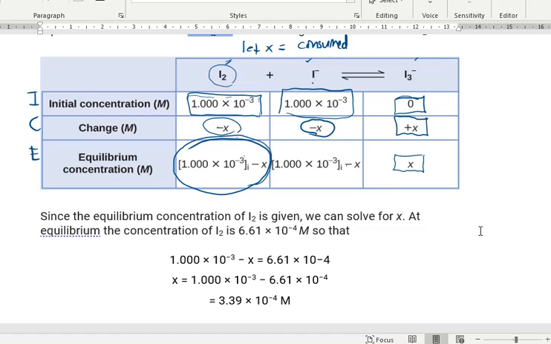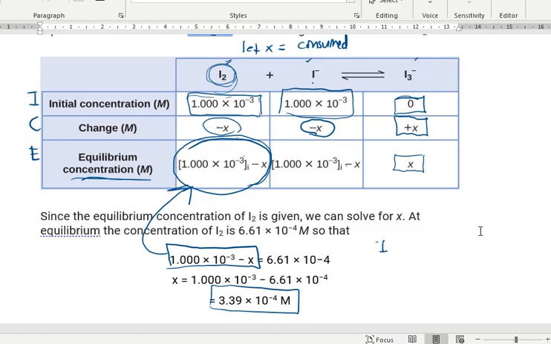That means you can equate that with 6.61 times 10 to the minus 4, because it's given in the problem. Alright? So from that, we can solve for x. So x will be equal to 3.39 times 10 to the minus 4.